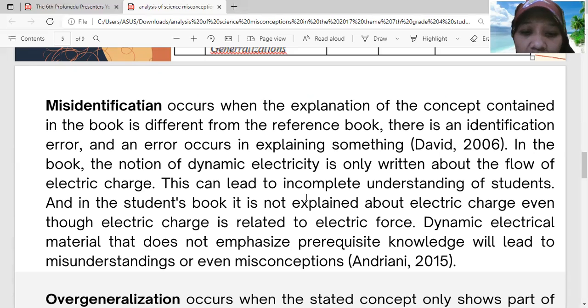This can lead to incomplete understanding of students. And in the student's book, it is not explained about electric charge even though electric charge is related to electric force. Dynamic electrical material that does not emphasize prerequisite knowledge will lead to misunderstanding or even misconception.